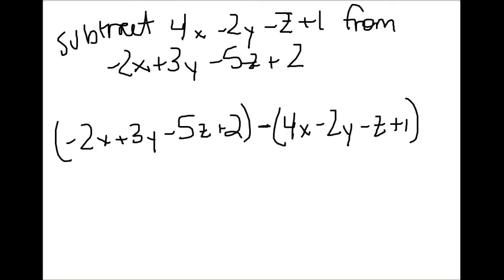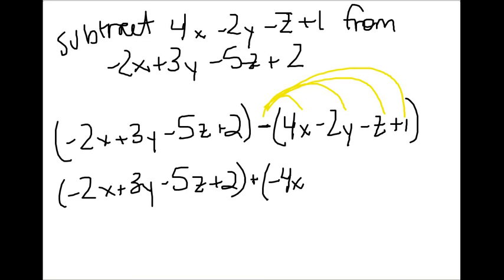So here, it's the tricky part. I need to distribute this negative sign to the whole polynomial, so that what I end up with is my first polynomial plus negative 4x plus 2y plus z minus 1.